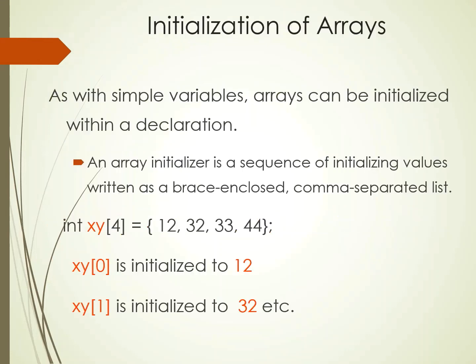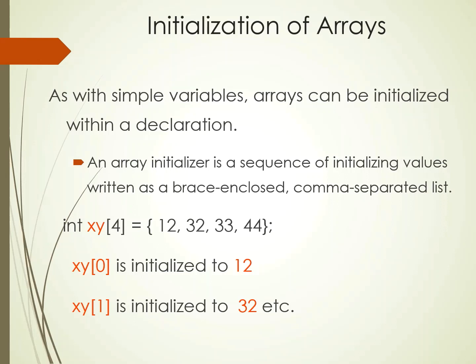Next is how to initialize the array. The simple method to initialize an array is to include the values within braces. This can be done at the time of the declaration of the array itself. For example, let us assume we need an array by the name xy with size 4 for storing the values 12, 32, 33 and 44.